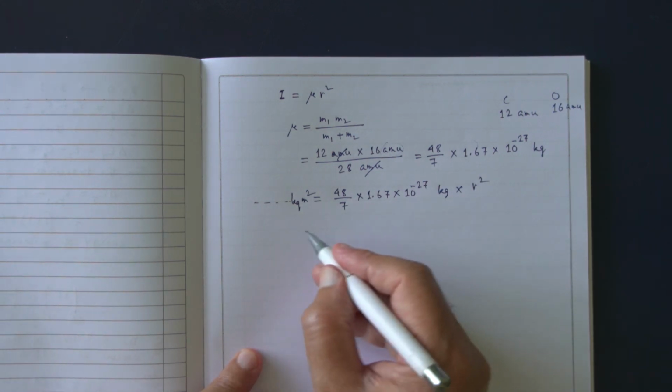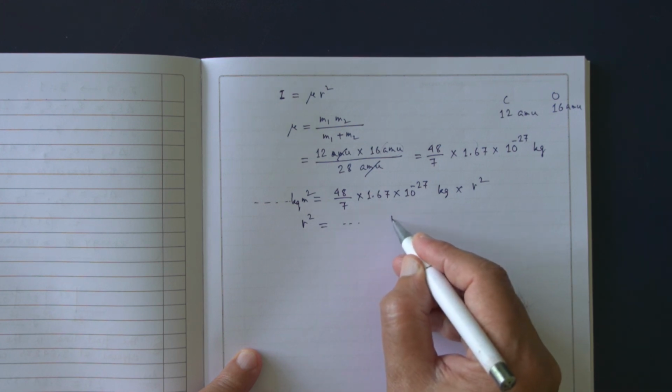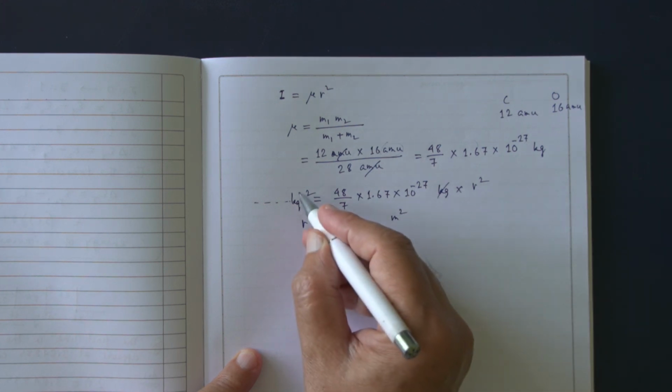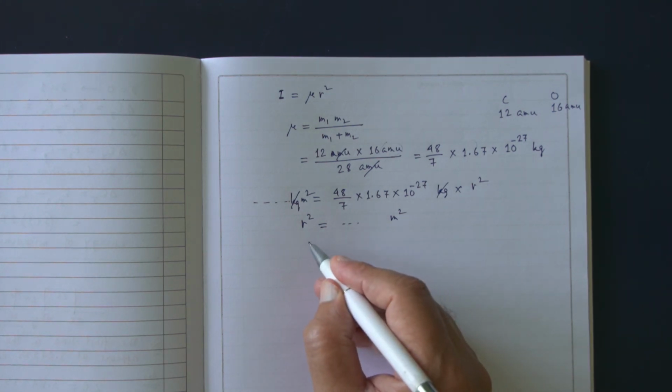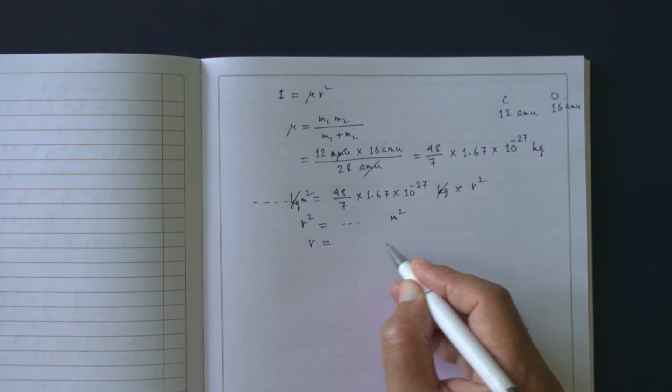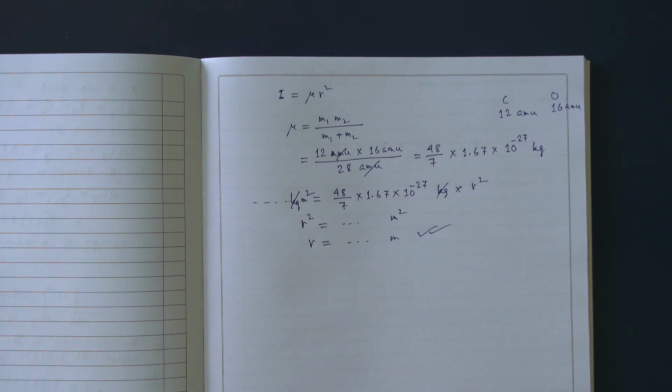You just simplify and you will get the value of r square, in meter square, as kg cancels. Then you take the square root and you will get the bond length. Just simplify and you will get the answer. This is how you are to solve this type of problem.